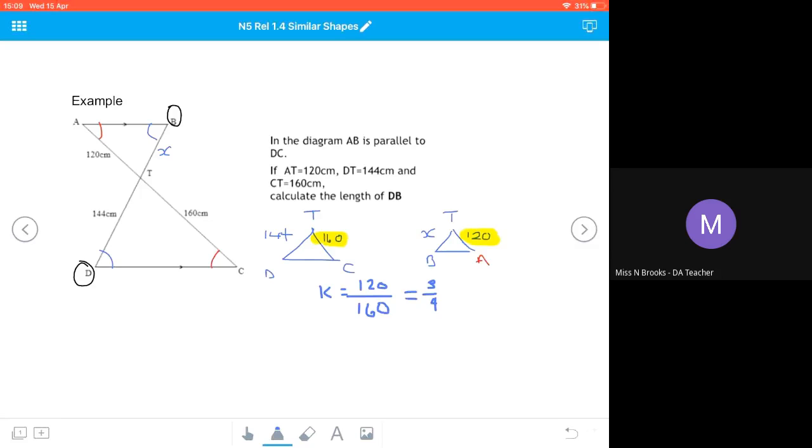And now to get X, I'm going to take my 3/4 and I'm going to multiply it by 144. And that gives me 108, and my units are centimetres. And I can double check, if I do 108 over 144, then I get a scale factor of 3/4 when I simplify my fraction.